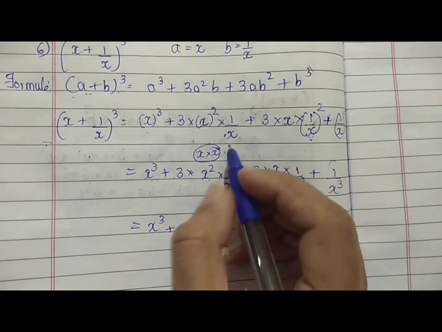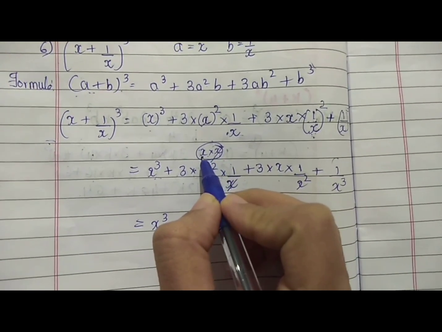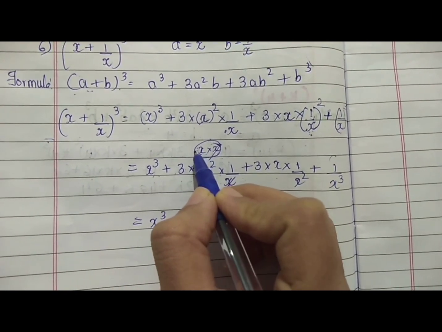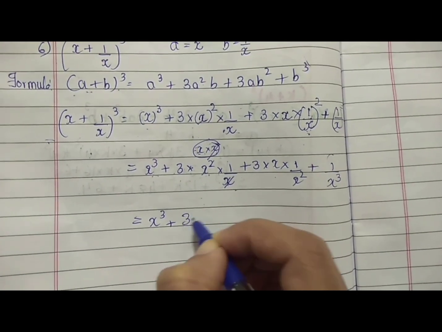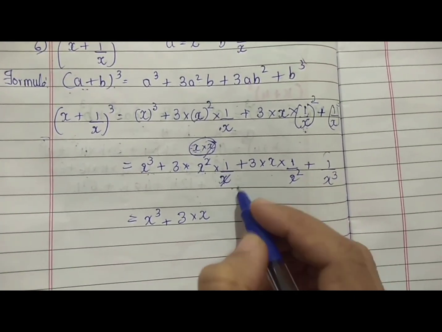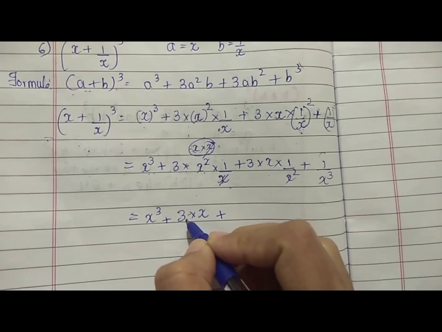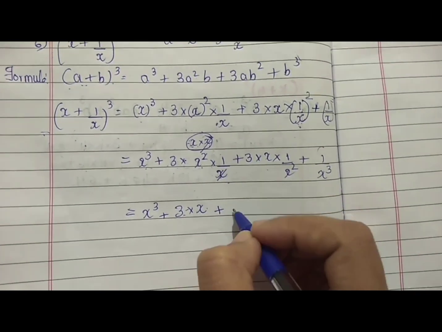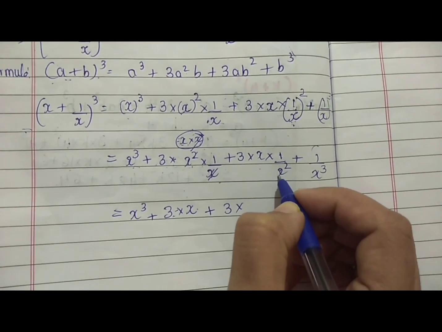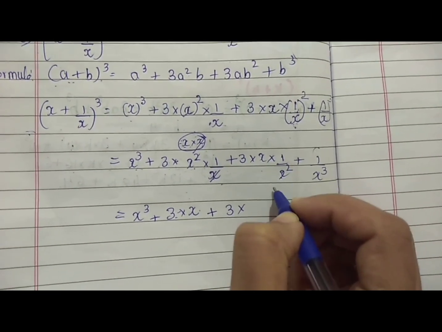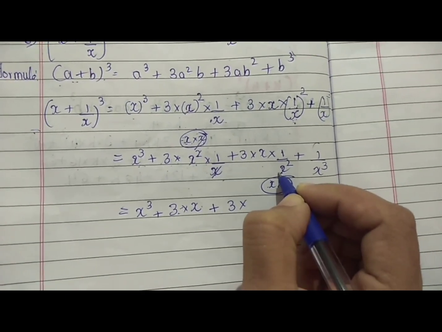So if we eliminate this 1x from the denominator and 1x from the numerator, we are left with only 1x. So we are left with 1x in the numerator, so we'll be writing this as 3 into x plus, because 3 ones are 3, so I have written directly over here 3 into x plus 3 into, again we'll repeat the same steps, but here we have 2x in the denominator, that is, say for example x into x. x into x is equal to x square.